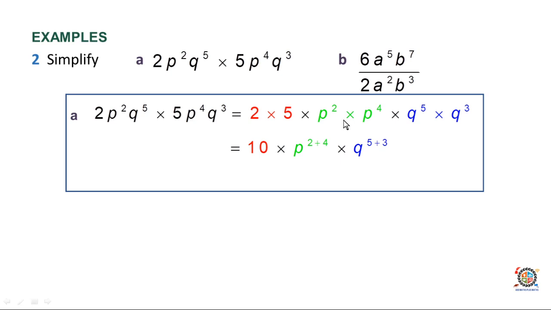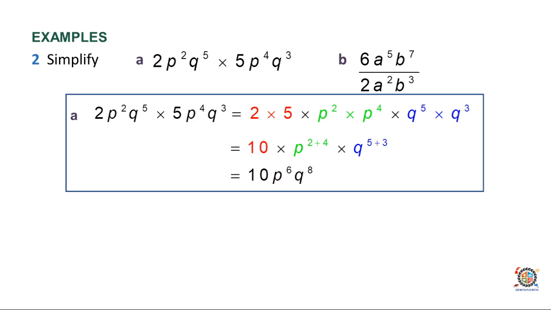P to the power of 2 times p to the power of 4 can be p to the power of 2 plus 4. And q to the power of 5 times q to the power of 3 will have an exponent of 5 plus 3, which will give you an answer of 10 times p to the power of 6 times q to the power of 8.